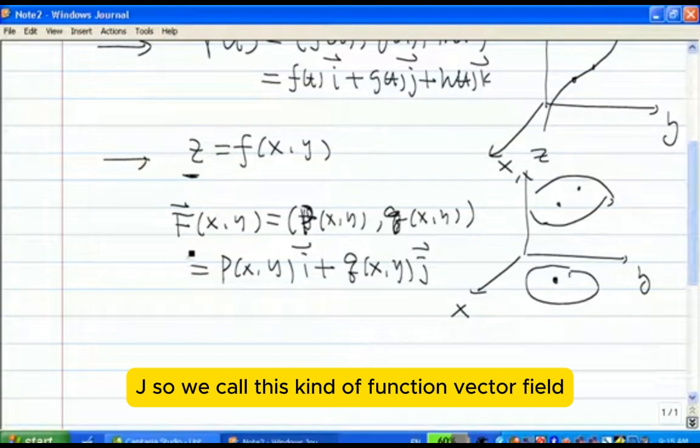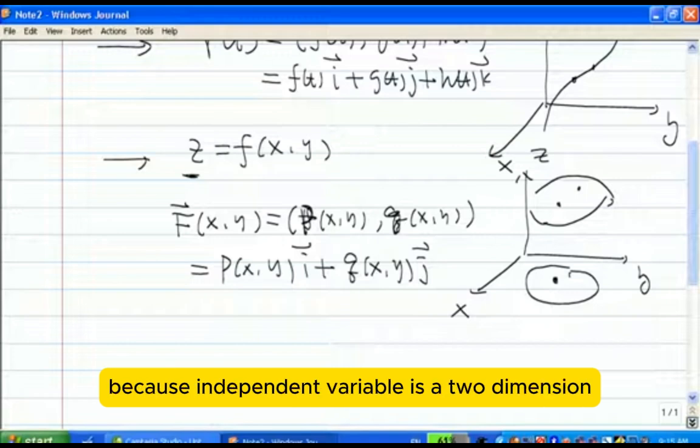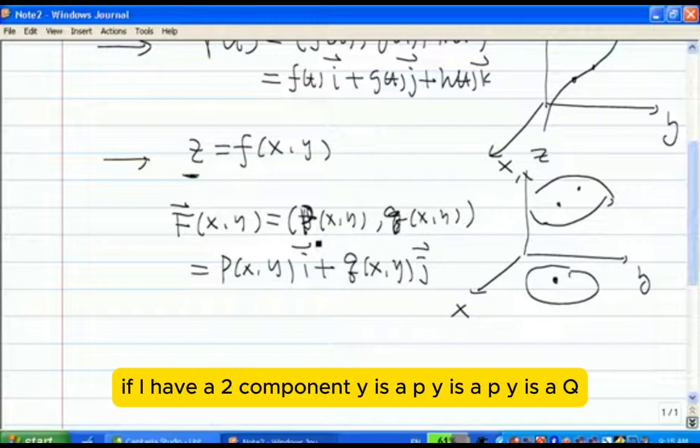So we call this kind of function a vector field. This function is more complicated because the independent variable is 2-dimensional, x and y, could be 3. And so is the dependent variable F. F has two components, one is P, one is Q.